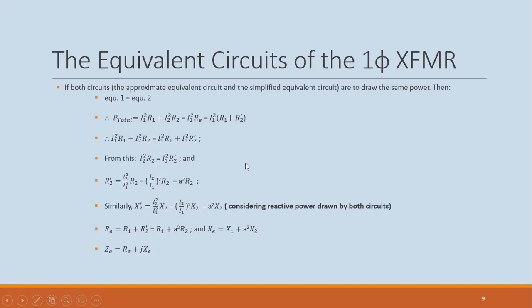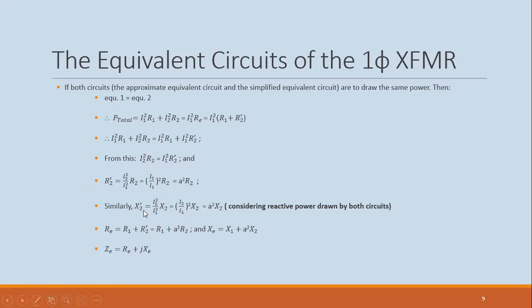L, you might remember it, L is equal to N phi over I, something like that. So I could have written X2 in terms of that kind of relationship and get the same thing, but instead of I2 over I1 as I have here, it would be N1 over N2. But you don't have to worry too much about that.